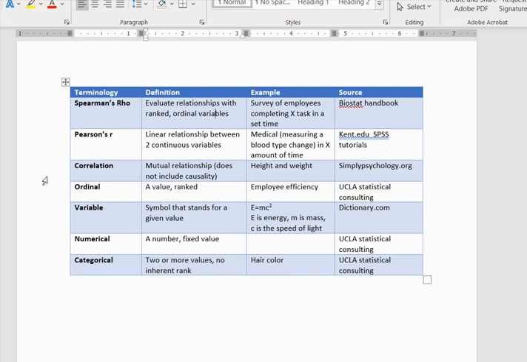And so then what I would do is fold the paper, or I would set it up inside of a program. I actually set mine up inside of an Excel program and then hid these two columns. And then I would say, well, Spearman's rho, what is the definition? I'm looking at ranked ordinal variables. I'd give an example and then I would check it.